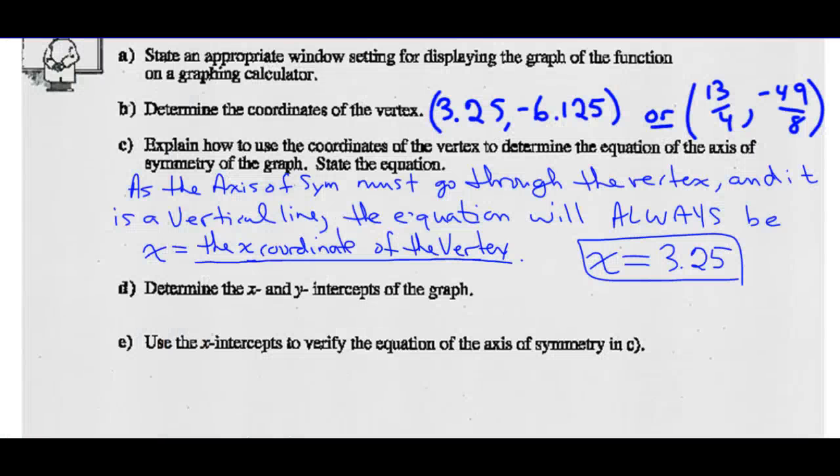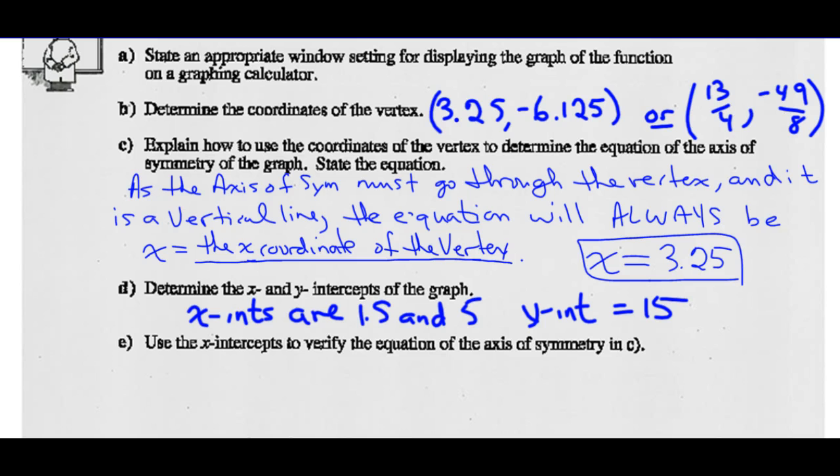So we found out that the x-intercepts are at 1.5 and 5, and the y-intercept is equal to 15.